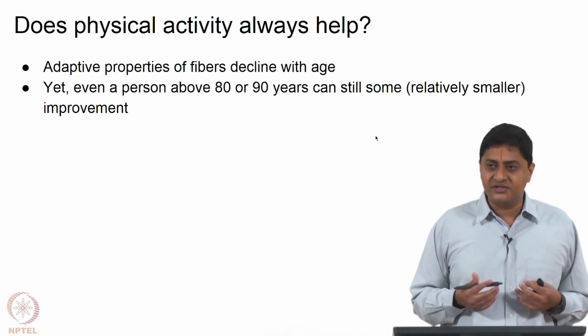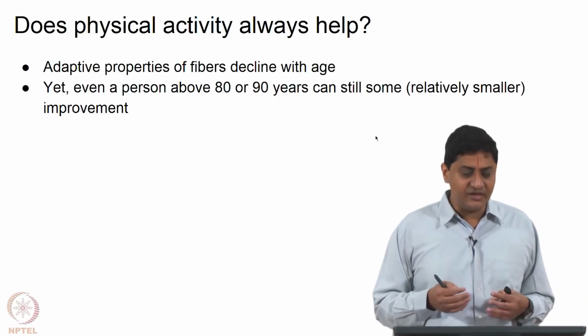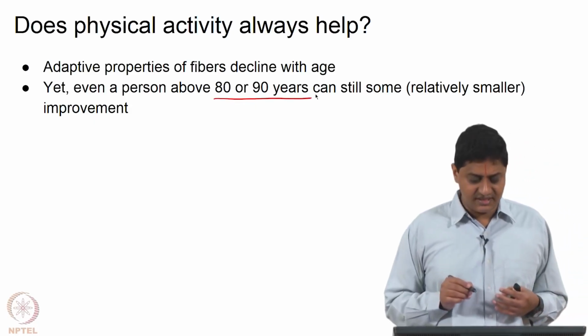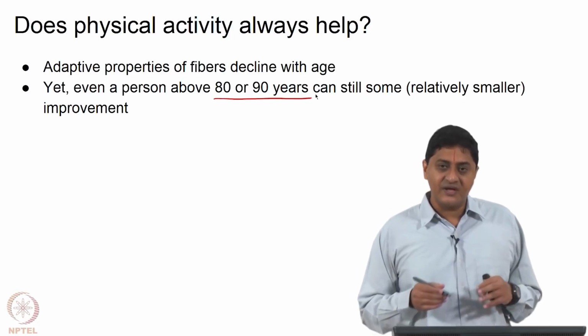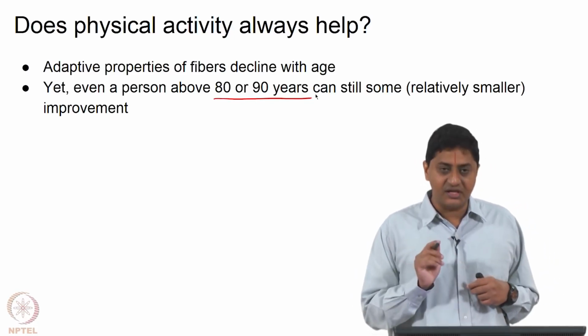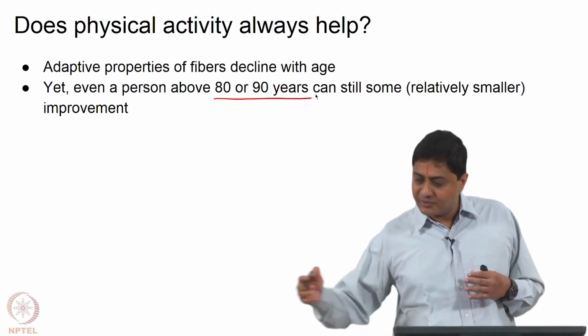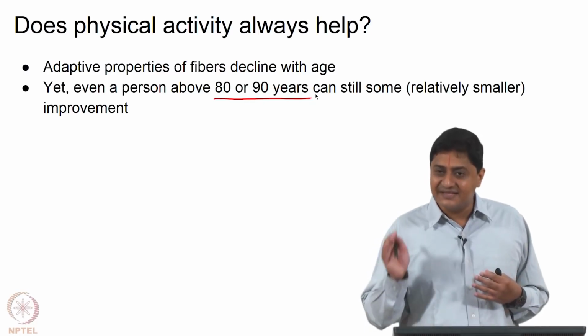Yet it turns out that muscles are still adaptive, still dynamic, that even a person above 80 years, even 90 years can still see some improvement, relatively smaller in comparison. So, exercise has the greatest benefit when you are young, and the benefit reduces as a function of age. As you become older, the benefit reduces, but there is still some residual benefit.